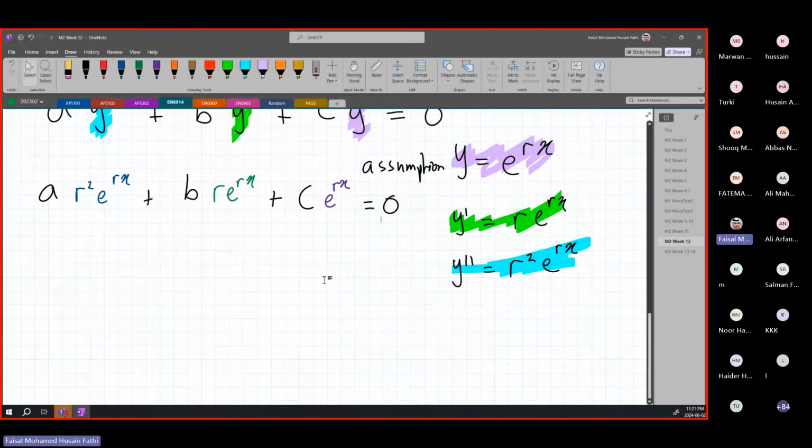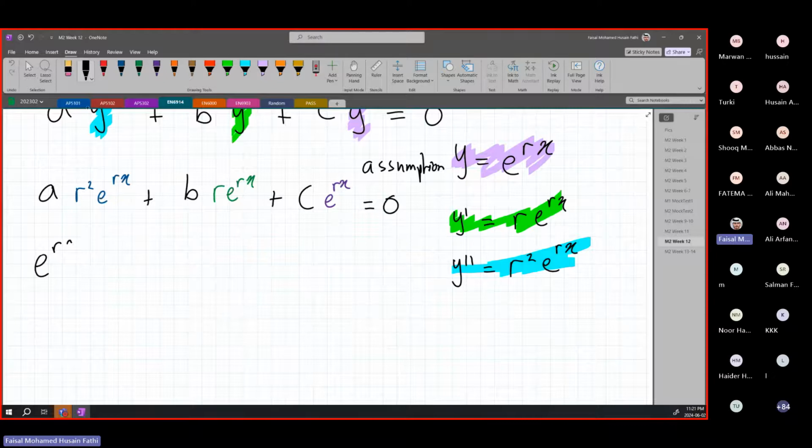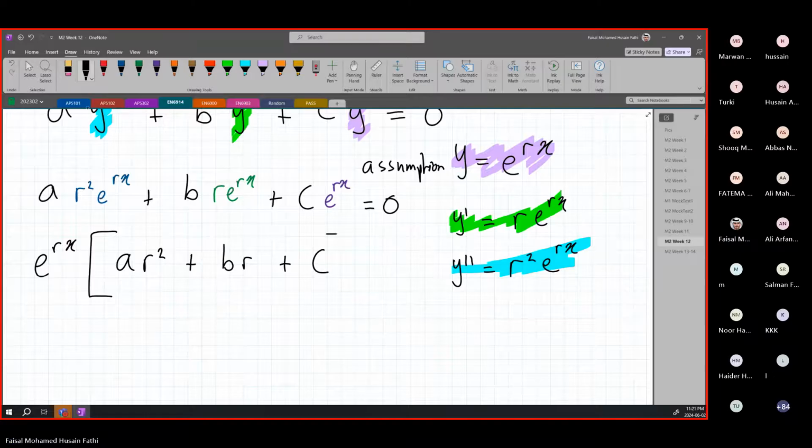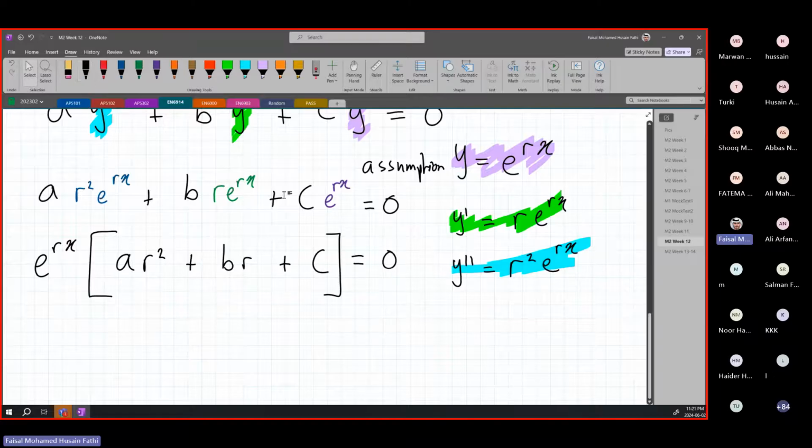Okay? Now, what can we do here? We can take e to the power of rx as common between all of them, and it is available in all of them. So if we take e to the power of rx as common, we're going to be left with, for the first one, ar squared plus br plus c, and this is all equal to 0. All I did was take e to the power of rx common.